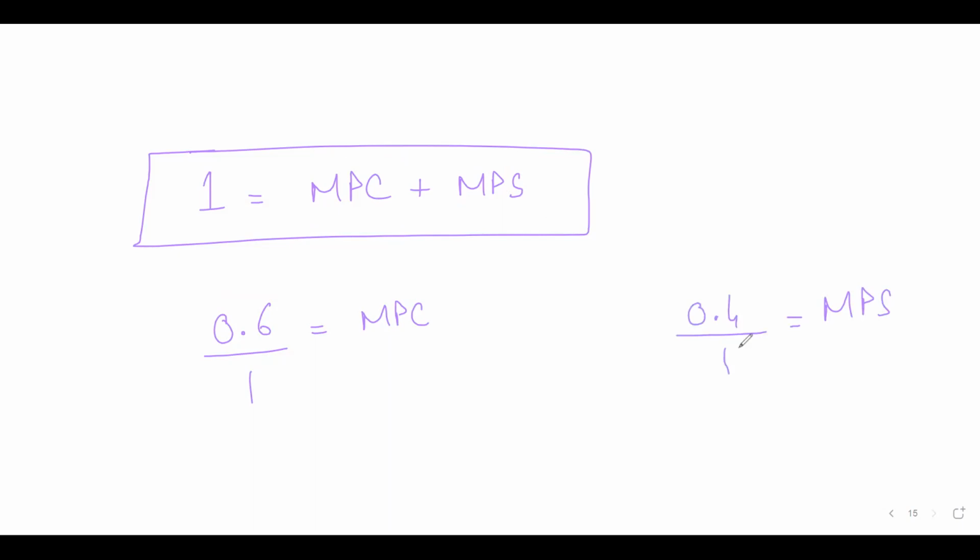So marginal propensity to save would be 0.4, or you can also write it as 40%. Out of every additional dollar, you save 40% of it and spend 60% of it. Is it making sense? Your marginal propensity to consume is 60% and your marginal propensity to save is 40%.